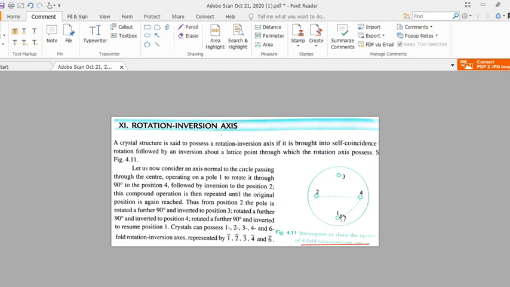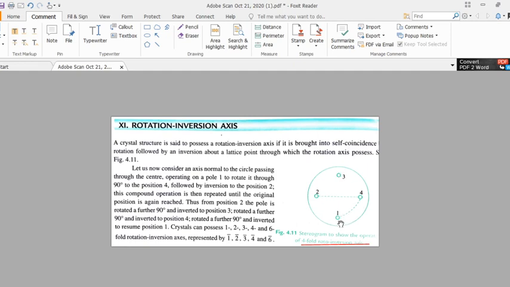So with one rotation of 90 degrees and an inversion axis, I reach from point 1 to point 2. In the same way, if I repeat this, point 2 with a 90 degree rotation, I will come to point number 3, and thereafter the inversion axis allows me to invert, then point 3 will go to point 1.